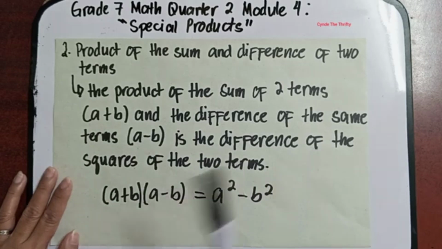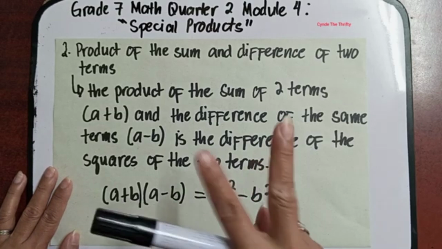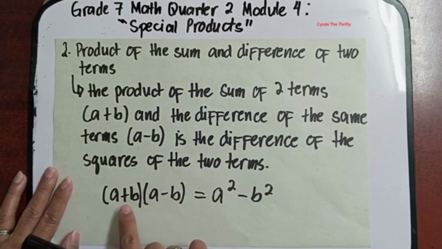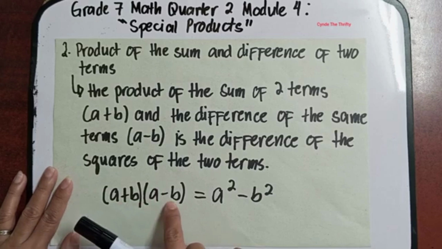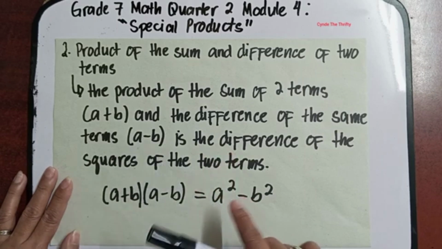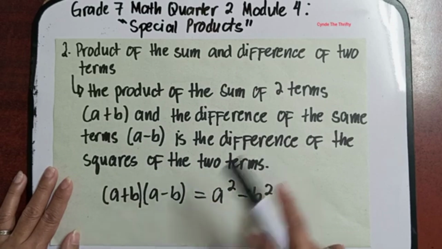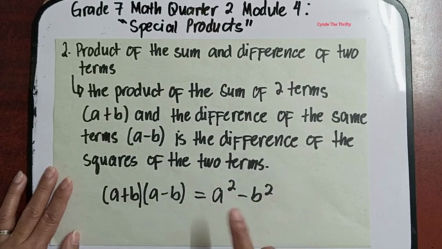Kapag nag-multiply ka ng sum at difference ng dalawang term, okay, ang dalawang term is magkapareho, tapos minultiply mo sila na sum at difference. So, ang sagot mo daw is difference of the squares of two terms. Okay, so isubtract mo lang yung dalawang term, tapos naka-square siya. So, meron ka ng sagot agad.